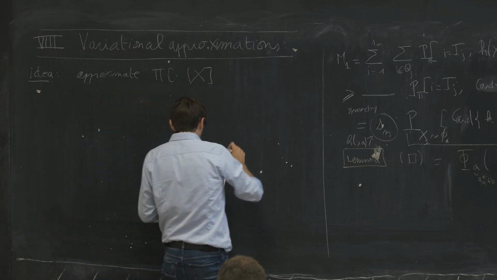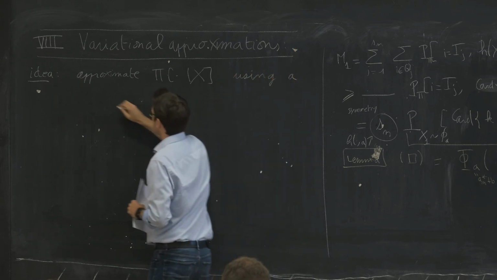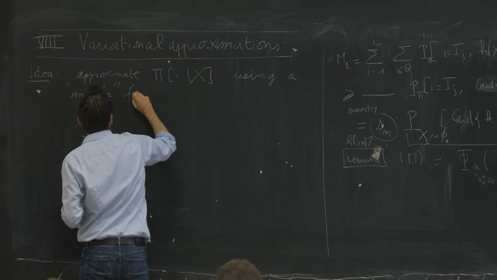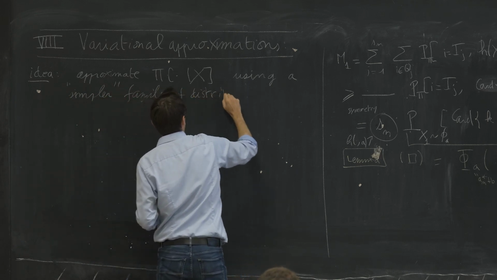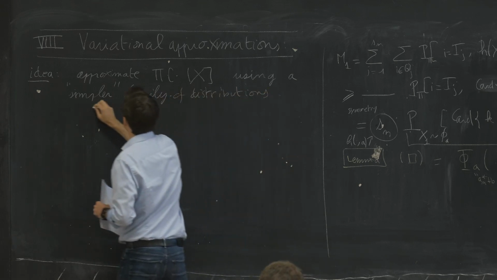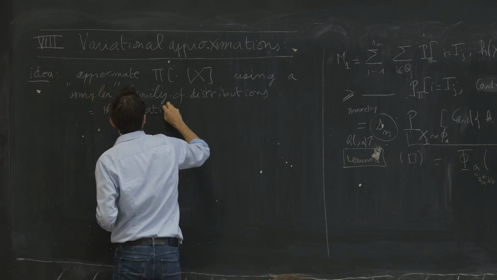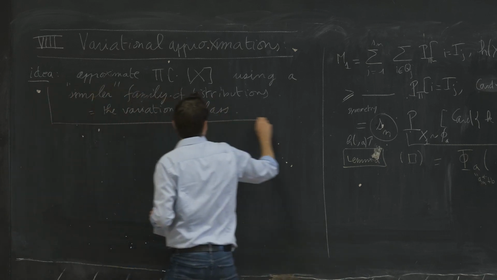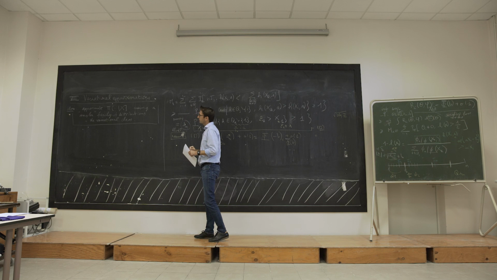Okay, so we'll approximate it using a simpler family of distributions, which we'll call the variational class. Okay, this family of distributions is the variational class. So that's the main idea, and the idea is really that the posterior can be a complex object.